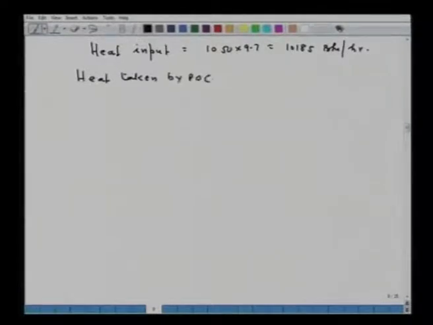So, heat taken by POC will be equal to 9.7 into 0.2, which is Cp, and temperature 1200. Let us take the environment temperature equal to 70 degree Fahrenheit.